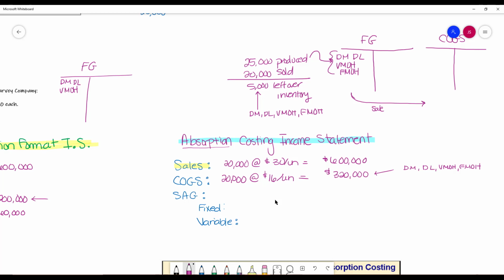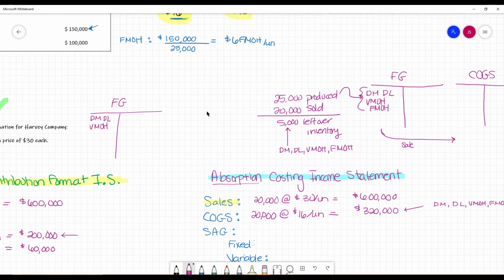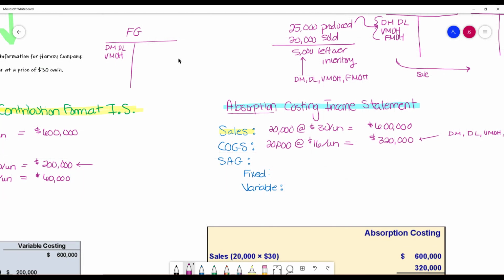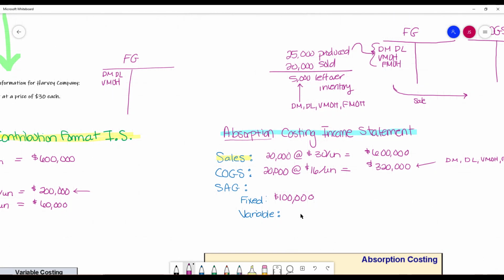So we found sales. We found cost of goods sold under absorption costing. Now let's look at our SAG expenses. Remember, the fixed SAG expenses are $100,000 a year. And the variable SAG expenses are $3 per unit sold.